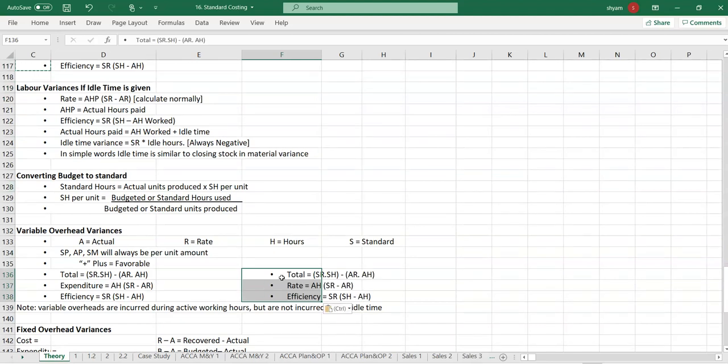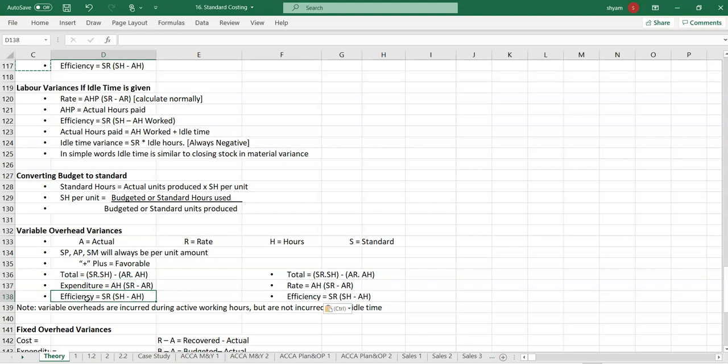Look here, you will find that the variable overhead variance is the same as labor variance. Total is the same. Here the variance is called expenditure; in labor it is called rate. But the formula is the same: AH, SR, minus AR.